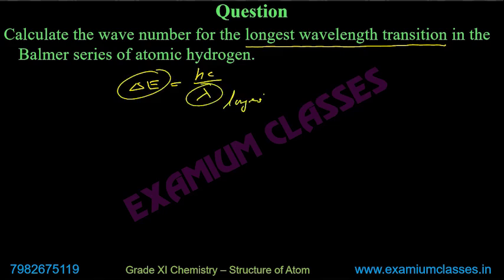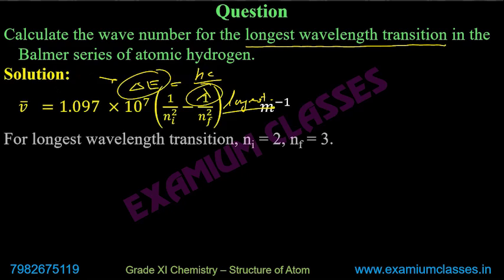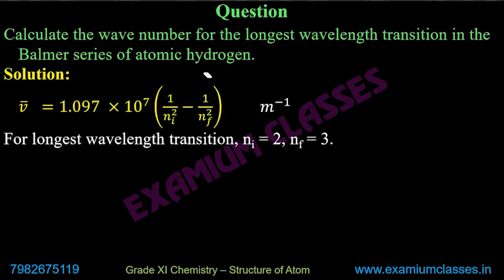If wavelength is the largest, energy will be the smallest. So the transition will be the smallest, meaning n equals 2 to n equals 3. The longest wavelength transition will be the shortest transition. This is something you need to memorize. Don't try to find it during the examination.